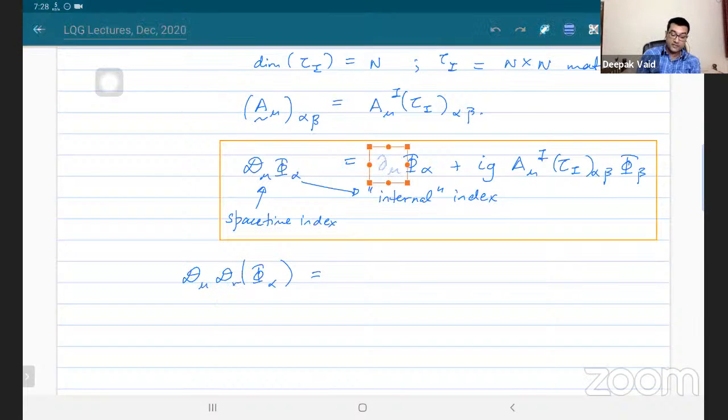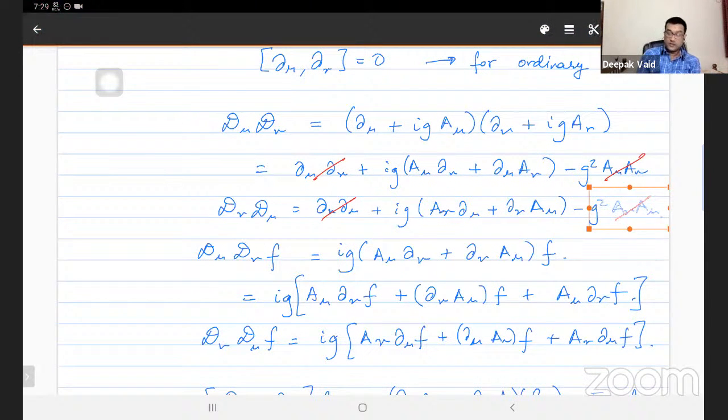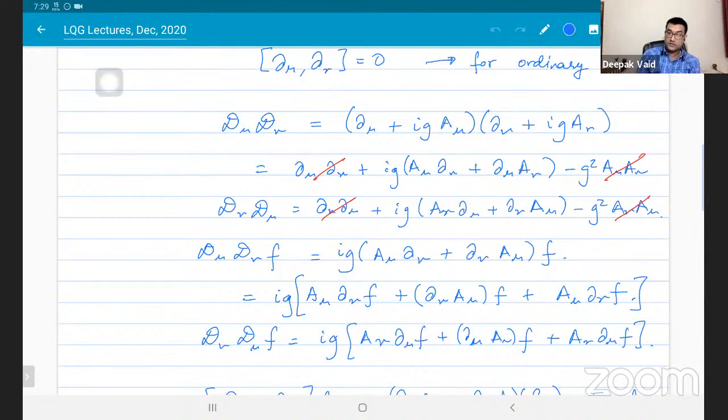Then you will get partial derivative of the connection field, and then you will get the connection field times the partial derivative, though that term will also cancel out when we anti-symmetrize. But now you remember that in the abelian case, we got this a mu. And this cancelled out because a mu is just a number.